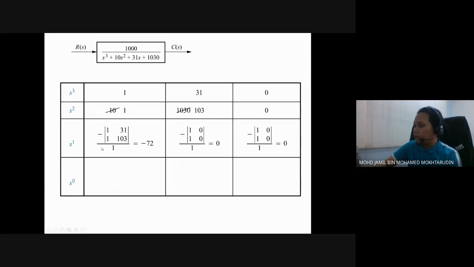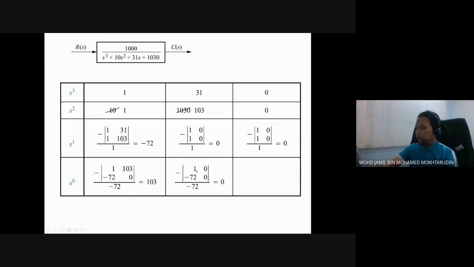So after you get the values in the row S1, then you can determine the values for the row S0. Okay. So for the S0, you take the value 1 here, negative 72, this value, 103, and 0 here, divided by negative 72. Okay. Simplify, and then you get 103.